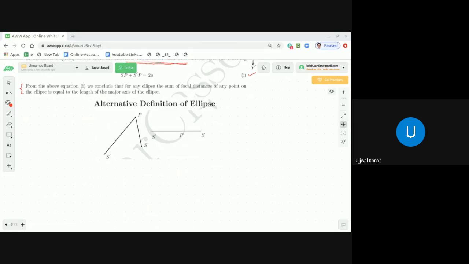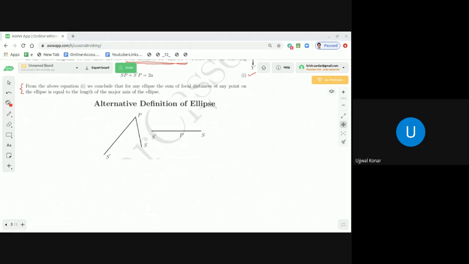I repeat, dear students, S and S dash be two fixed points and P be a variable point which moves in a plane such that SP plus S dash P is equal to K. What is K?